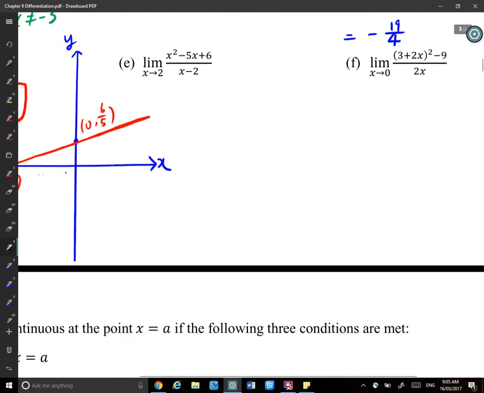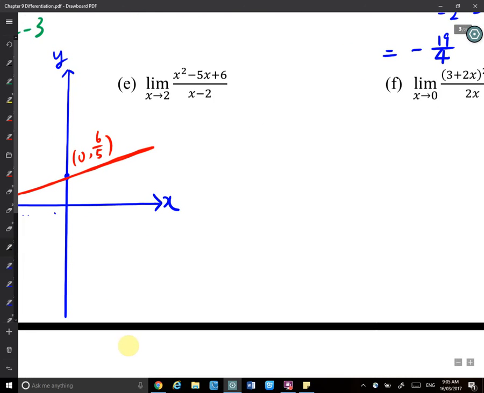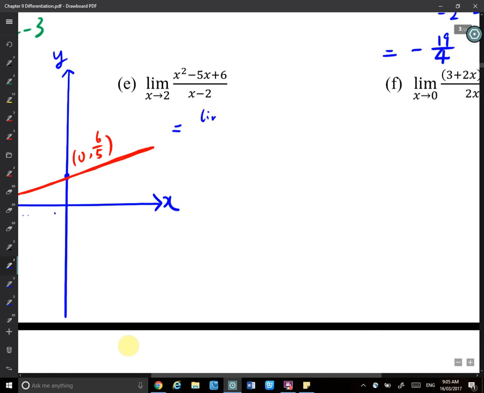Okay, for the next one, I can't directly substitute. Did you realize that? I can't directly substitute, so I need to do something. But before we substitute, the lim x approaching 2 is still there, always still there. So that gives me x minus 2 and x minus 3, to factorize the top and bottom. And you can cancel that, but I'm still not substituting x approaching 2.